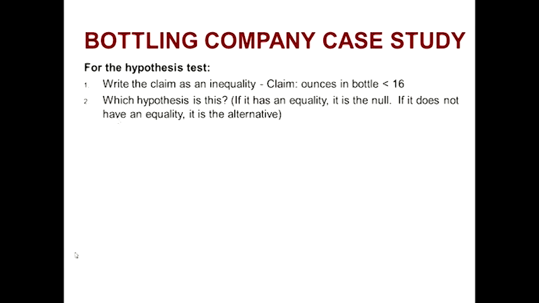So because it does not have an equality sign, it's going to be your alternative. So the ounces in the bottle, since it says less than 16, does not have an equality, so it is the alternative hypothesis. Therefore, because the alternative is less than, this is a left-tailed test.